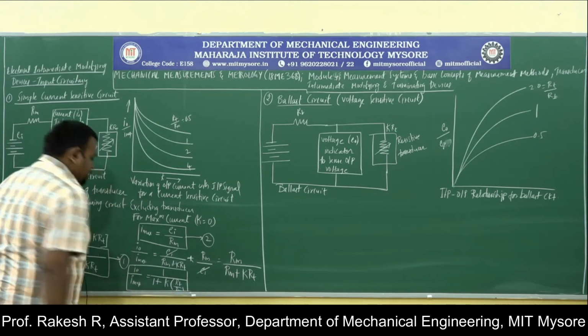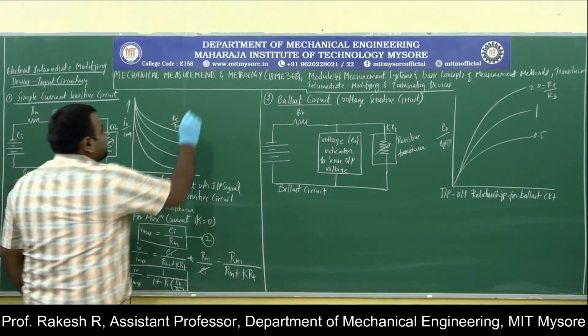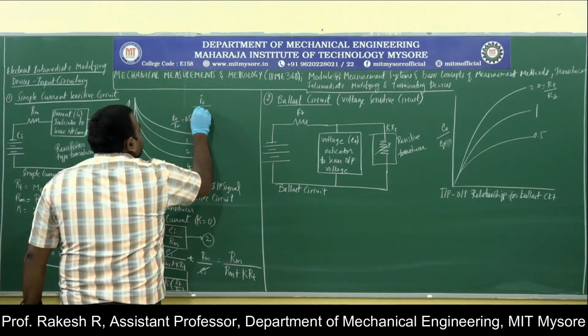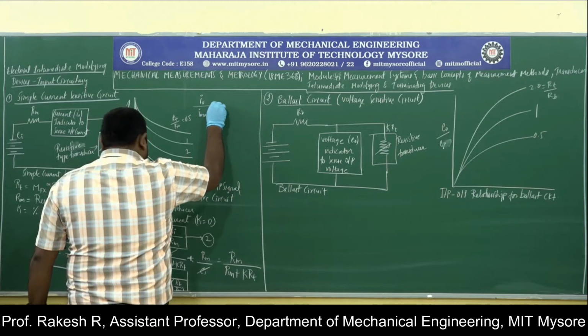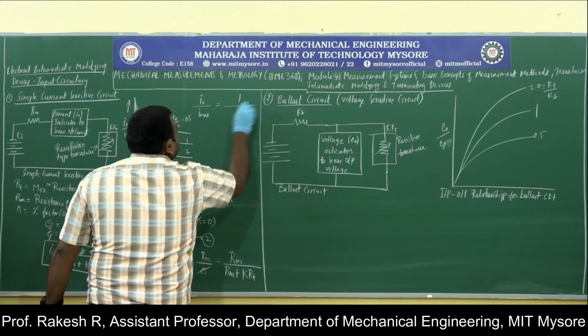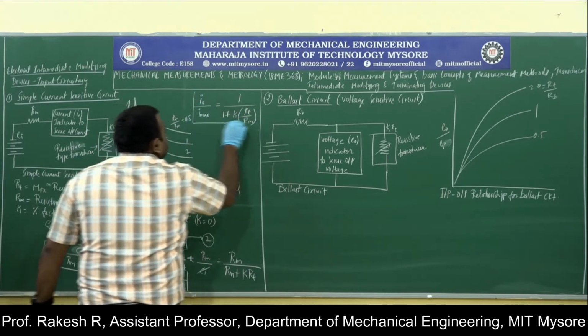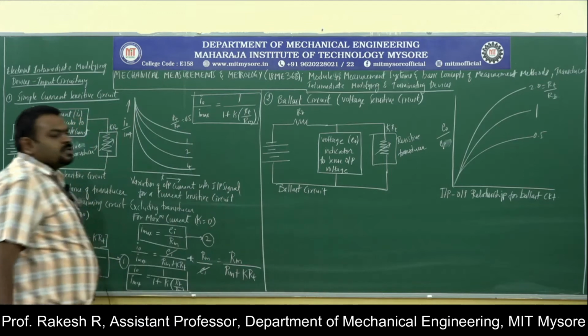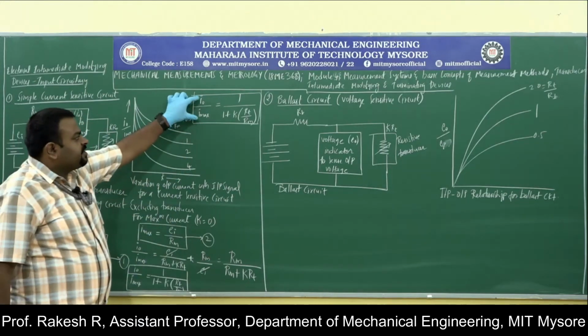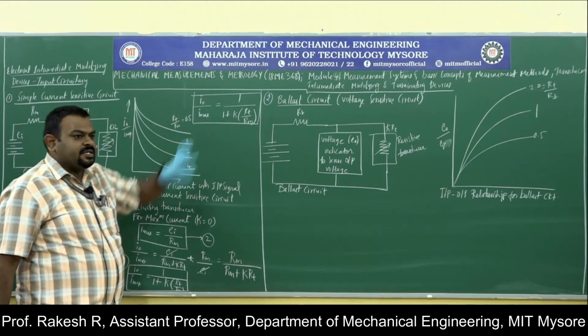So this is the expression for resistance. I naught by I max will be equal to 1 divided by 1 plus K RT by RM. This is the equation for change in current in terms of resistance.